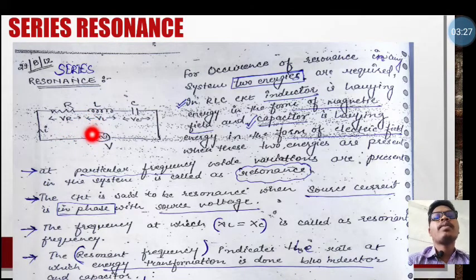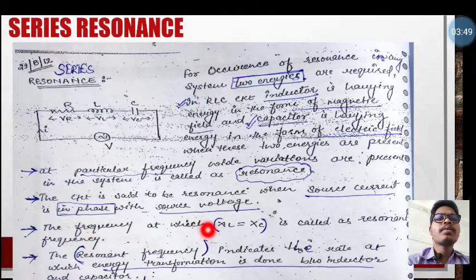Whenever the voltage across the inductor and the voltage across the capacitor are the same, or the reactance of the inductive element and the reactance of the capacitive element are the same, only then do we say the element is at resonance.